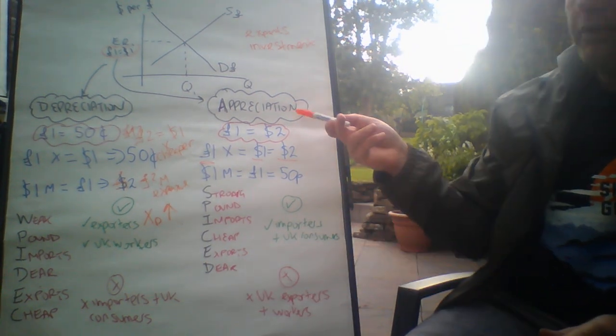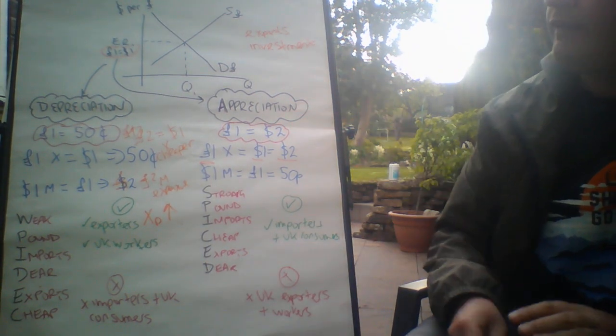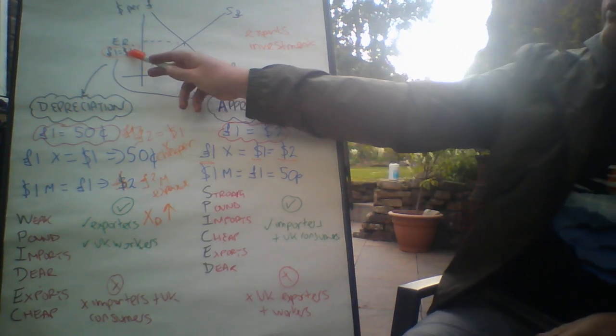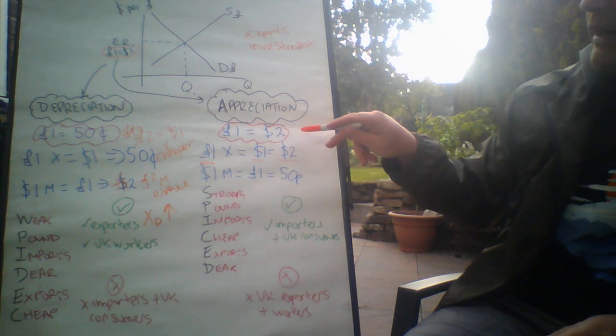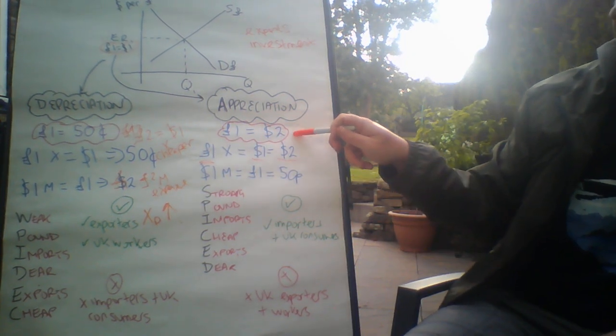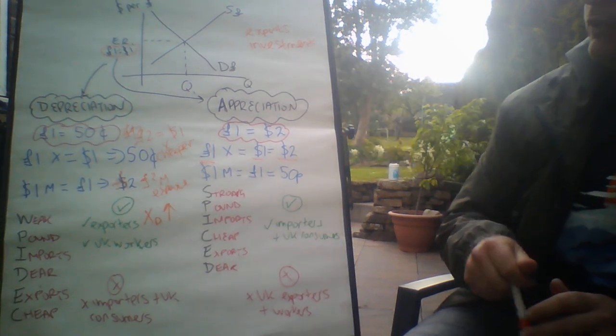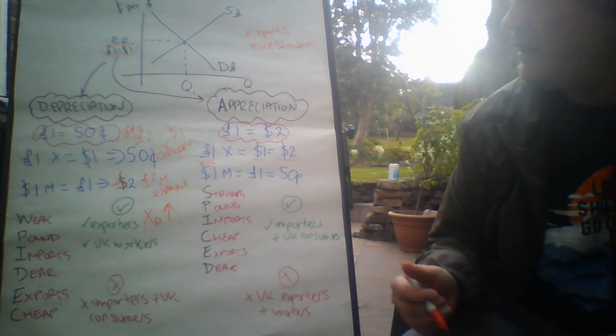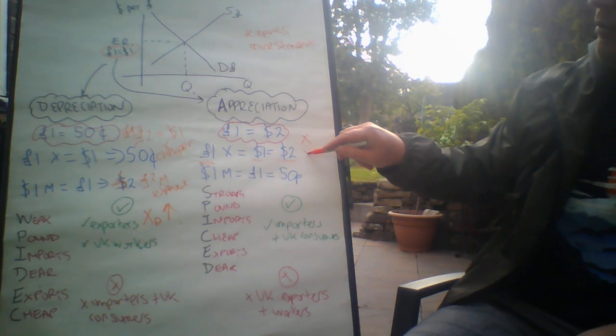A currency appreciation is where the pound gains value against a foreign currency. So here I'm going from £1 equals $1 to £1 equals $2. So in other words, the pound will now buy you double the amount of dollars it would do before. And again, look at the impact on the economy of this. Now, what we would say is exports now will become a lot dearer.